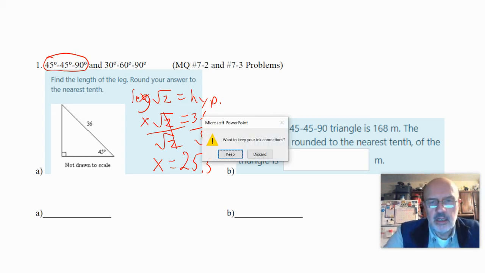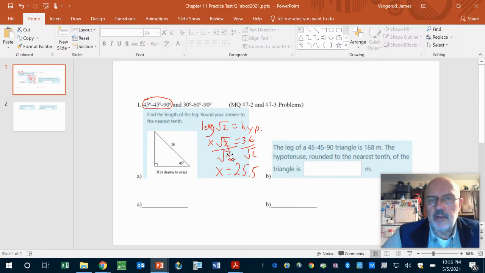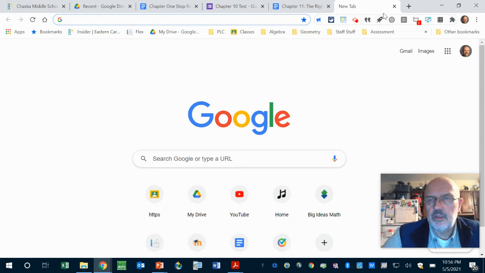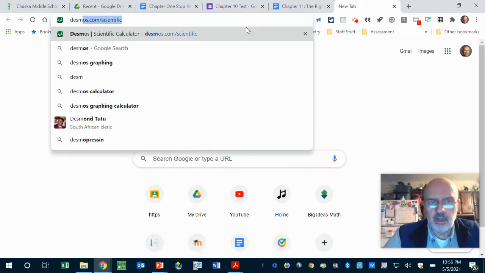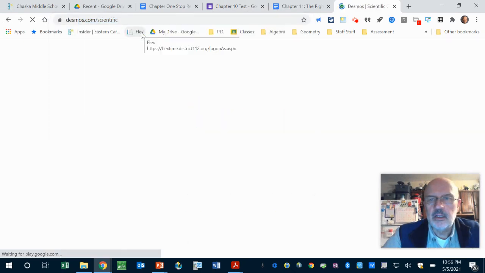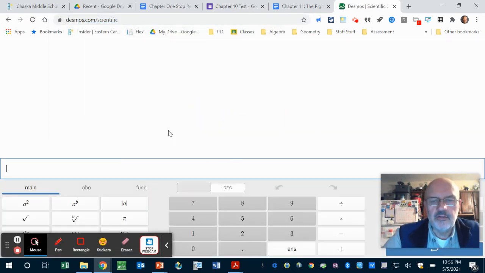Let's try that on the calculator. So it's 36 divided by the square root of 2, just so you can get the sense for how that works. So we'll get the Desmos calculator up here, a good online calculator for use. So 36, oops.